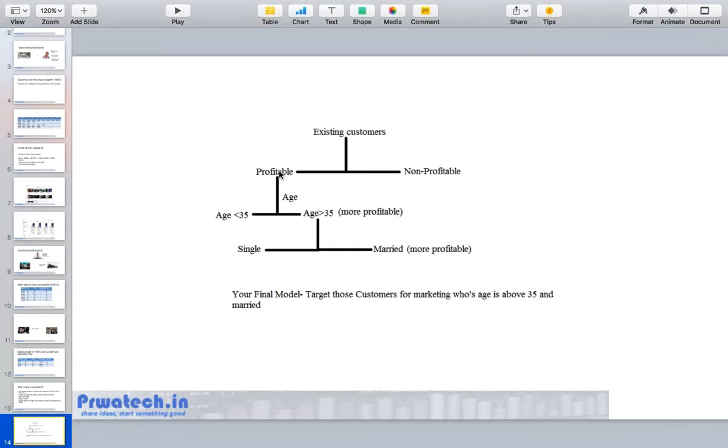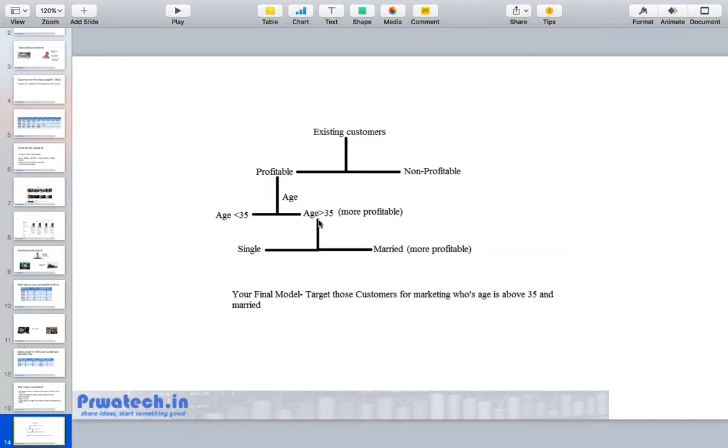Suppose again you can segment profitable customers on the basis of age. Suppose people above age 35 are more profitable than those below 35. So you take those above 35.